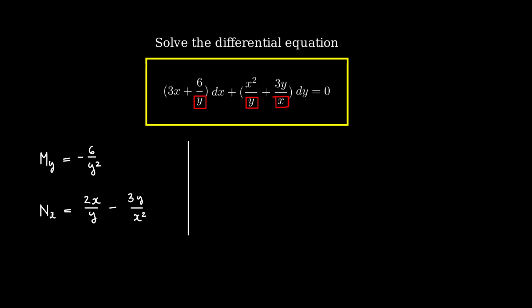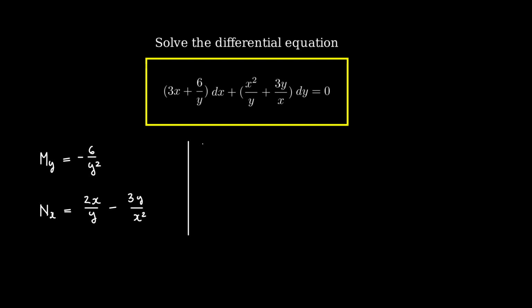So if we can remove them, then we'll be in a position to solve the differential equation potentially easier. And remember, as long as we multiply both sides of this equation by something non-zero, we are still solving the differential equation.